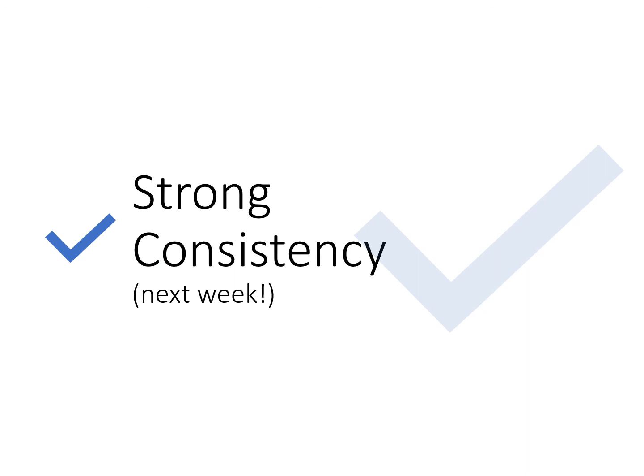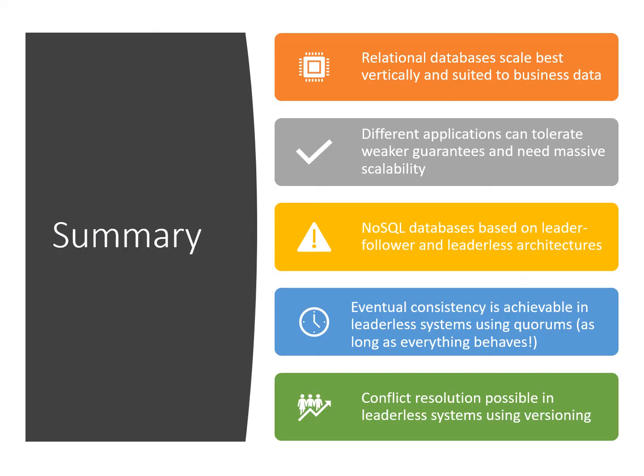Next week, we're going to talk about strong consistency and the several forms that it takes in distributed database systems. So in summary, relational databases scale best when you scale them up, and they're suited due to the nature of the relational model and SQL to business data, which is strongly consistent.